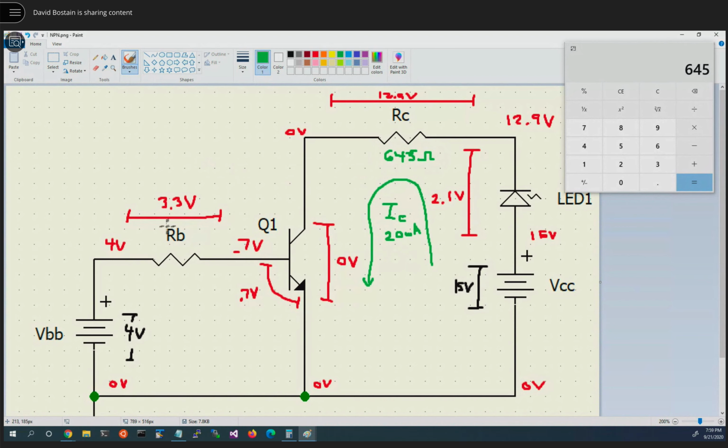What we need to do is figure out how we're going to compute this. We have the voltage, but we don't have two things. One is the resistance, and the other is the current. We need to compute the base current.